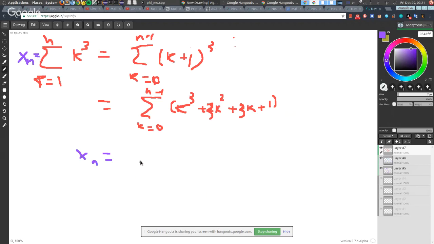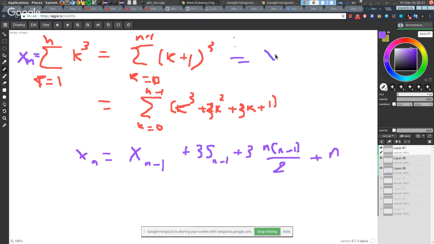So here xn is equal to xn minus 1 plus 3 xn minus 1 plus 3 n times n minus 1, which is the sum of all k, and here would be n. And here we also know that xn is equal to xn minus 1 plus n cubed. So I substitute this expression here, xn minus 1 plus n cubed.